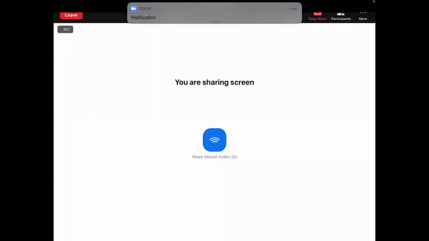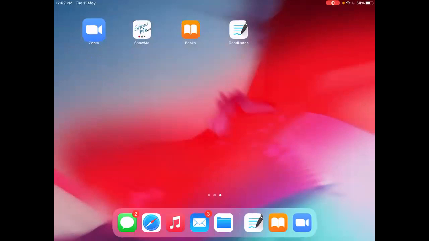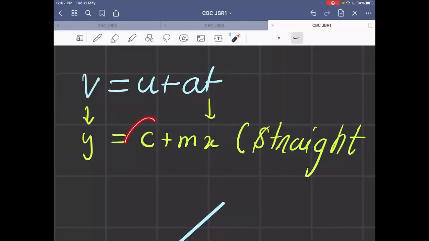Oh no, the Zoom stopped working, but don't worry, I'm going to start the screen sharing real quick. And there we go. Back. And what is C here? I started so fast that somebody just messaged me that the screen is not visible. Okay, what is C?